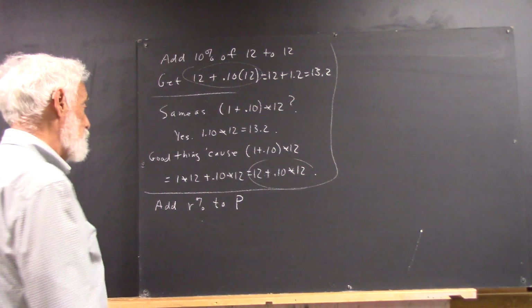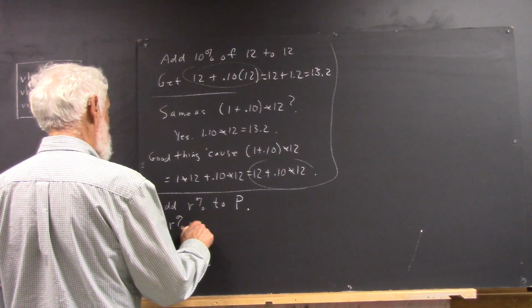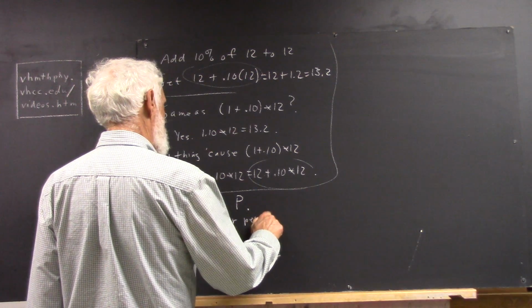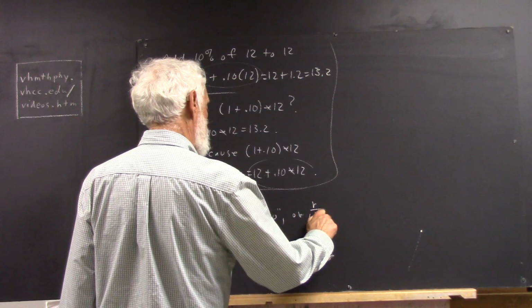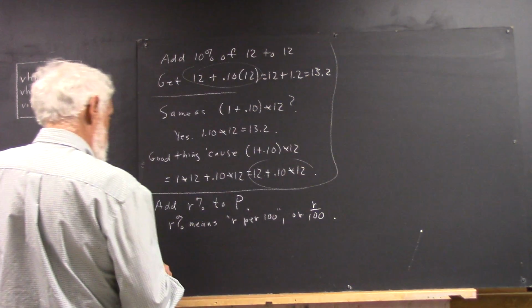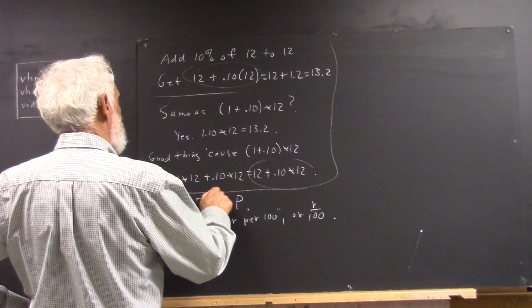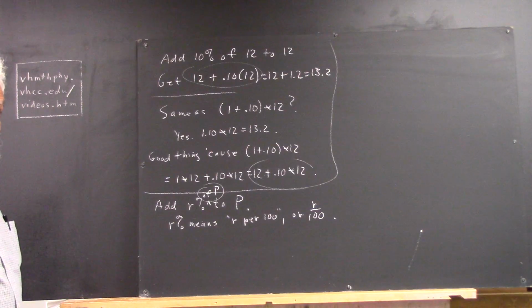Yeah. So the thing you gotta understand is, R percent means R per 100 means R divided by 100. Okay, so now, I should say add R percent of P to P, right?